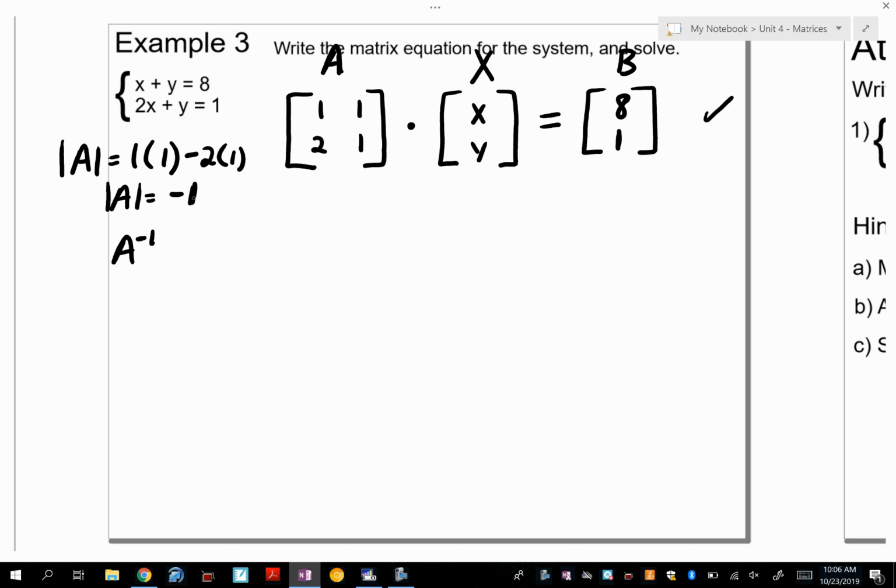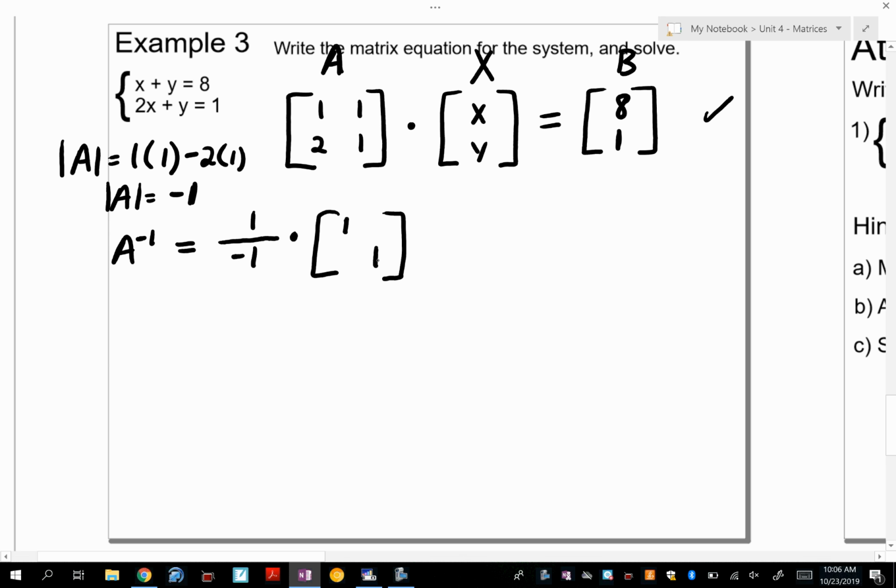All right, so I'm going to write for the inverse equals 1 over negative 1. Remember, I'm putting that in the denominator. Times, okay, now here is that switch ops. The 1 and the 1, that first diagonal, they switch places. Now you might be thinking, well, they're the same, but make sure you switch them.